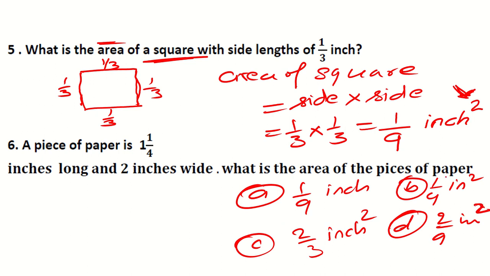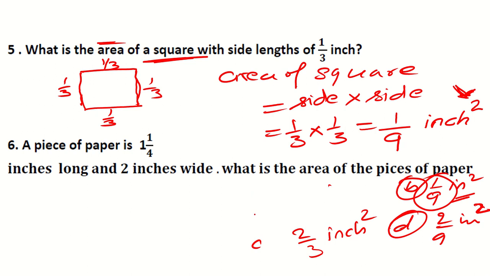So here you see we are getting 1 over 9 two times, but here it is written inch and here it is written inch square. So we are finding area, so necessarily it should be inch square, it cannot be only inch. Make sure that you understand this thing.